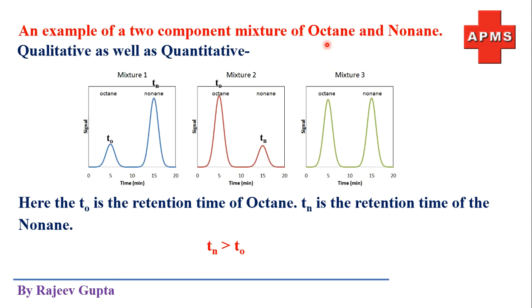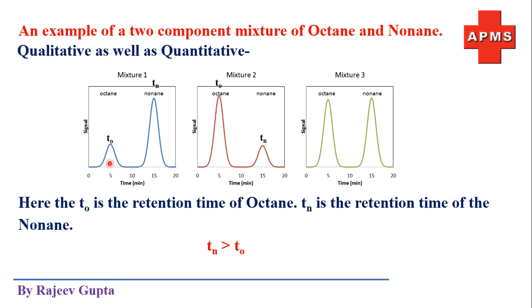So octane molecules will travel faster in the column compared to nonane. So it will elute from the column first, so we get its peak at first.